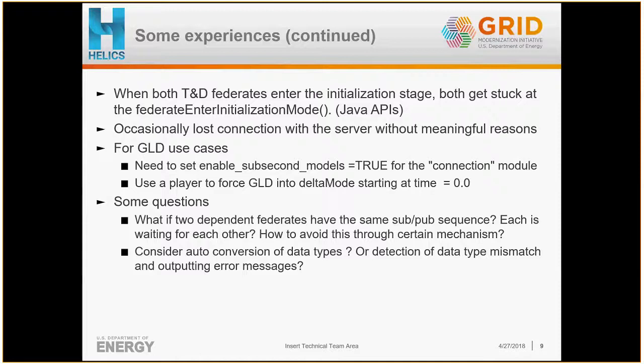So I just wanted to make sure that I get it correctly. So you mean is the mechanism to transition from the normal operation mode, for example, 1 second time step, to sub-second mode already implemented? Yeah, I'm asking if that's implemented in Helix.